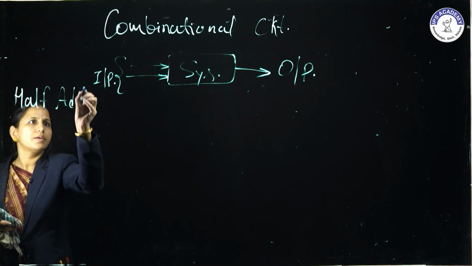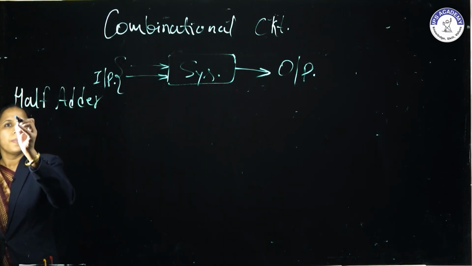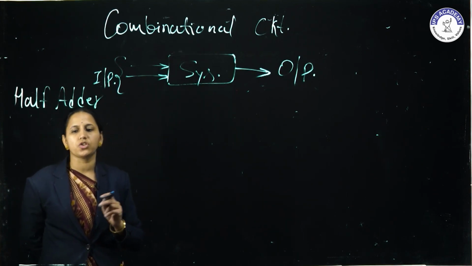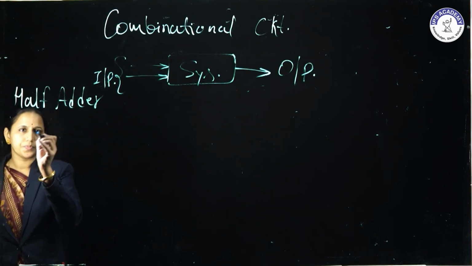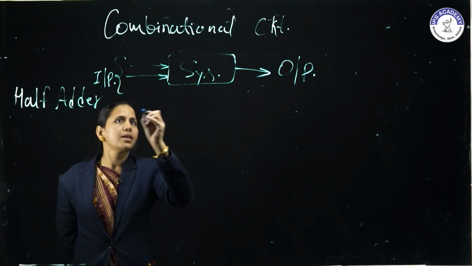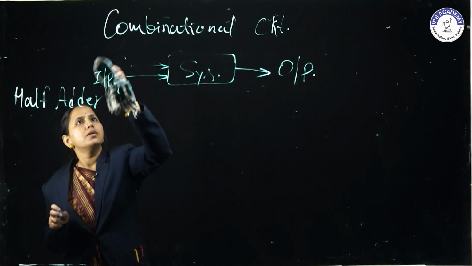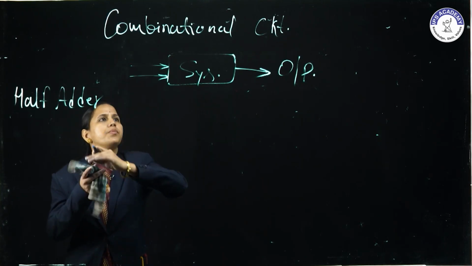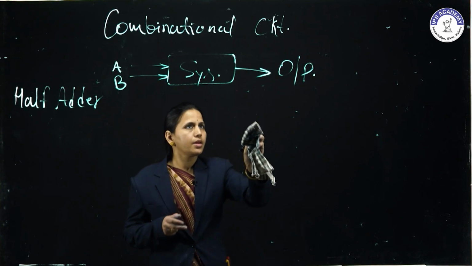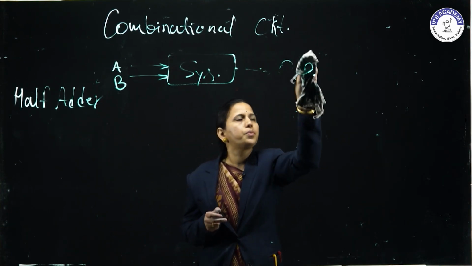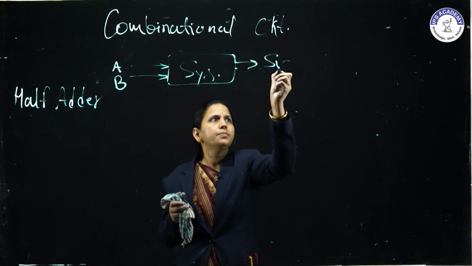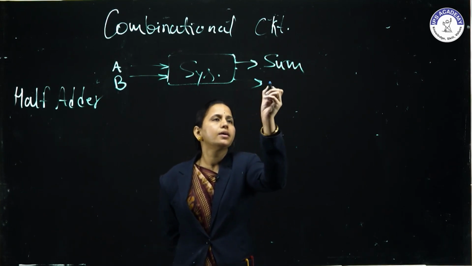Half adder. Half adder is used to add only 2 bits of binary. There are 2 inputs A and B, and there will be 2 outputs, sum and carry.